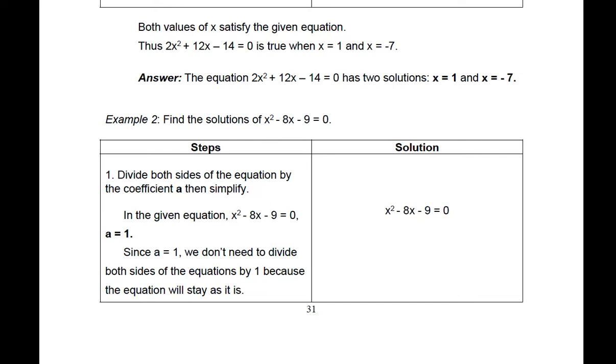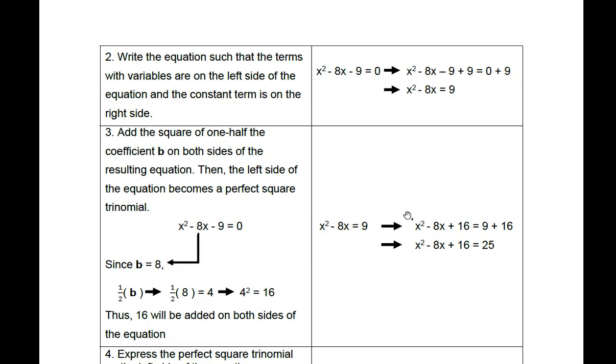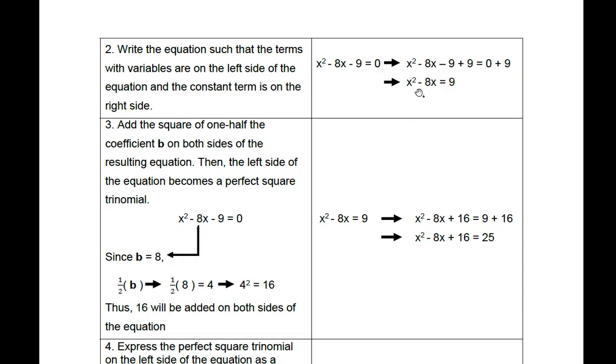So hindi na natin yan i-divide by the value of a, kasi 1 na yung a natin. So itong constant term, transpose natin sa kabila. Ito yon. So magiging x squared minus 8x equals 9. So from negative 9, magiging positive 9.